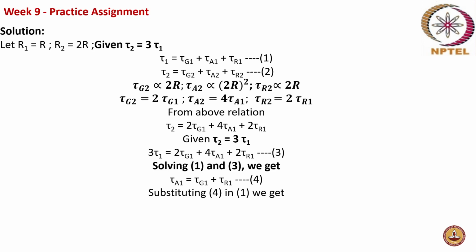Right. So substituting this relation of tau A1 is equal to tau G1 plus tau R1 into expression 1, we will get 2 tau A1 is equal to tau 1. So tau A1 is equal to 0.5 of tau 1.